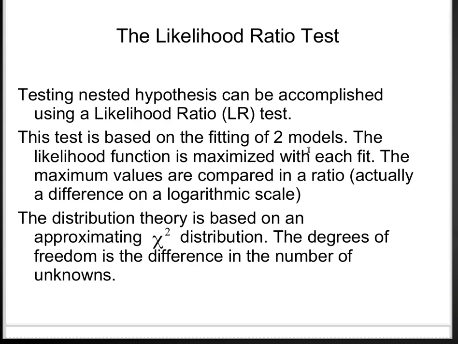The likelihood function is maximized with each fit, and then the maximum values are compared in a ratio, or the difference on the logarithmic scale. And the distribution theory, again, is an approximation based on the chi-square distribution. And the degrees of freedom of that chi-squared turns out to be the difference between the number of unknowns in the two fits, the two models. The likelihood ratio test is considered the definitive one when one is using approximate methods, for sure.